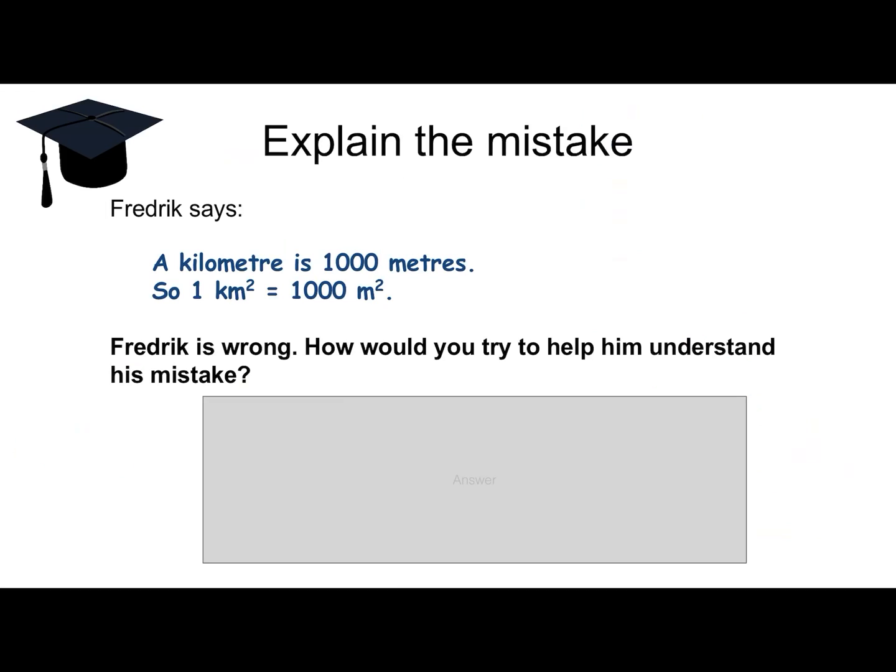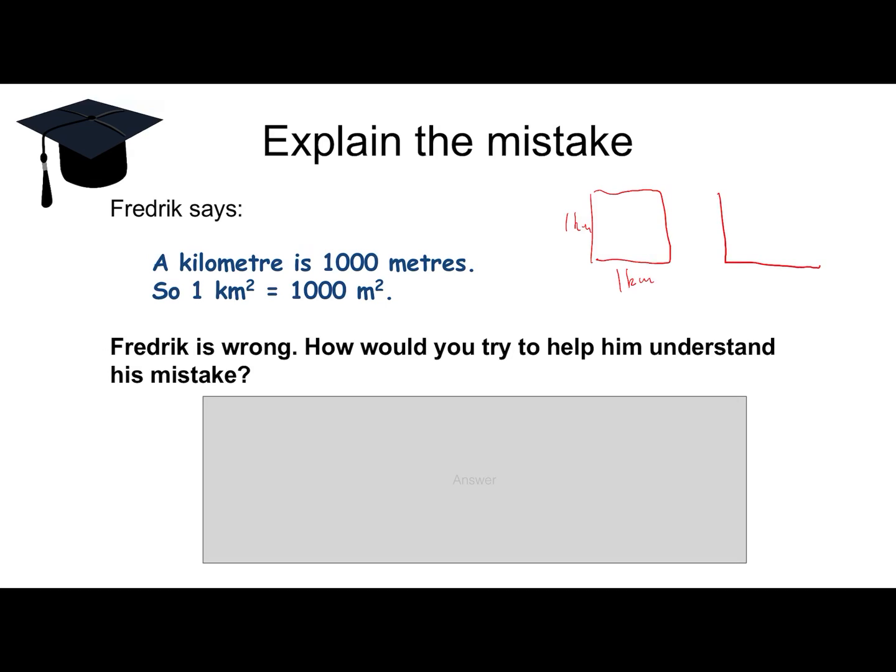Okay? Right, so here we go. Frederick says a kilometre is 1,000 metres. So 1 kilometre squared is 1,000 metres squared. Frederick is wrong. How would you try to help him understand his mistake? Well, draw a square.